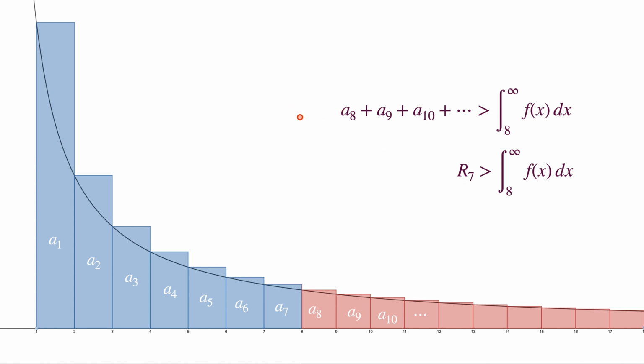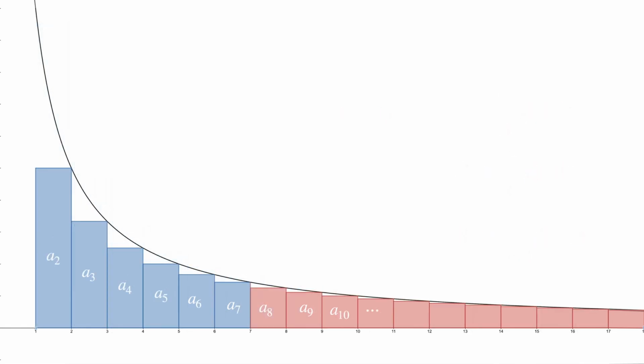If you've added the first 7, then the remainder would begin at the 8th. And more generally, we can say that the nth remainder will be controlled from below by that index plus 1 out to infinity as bounds on an associated function. Nice. So this is a lower limit.